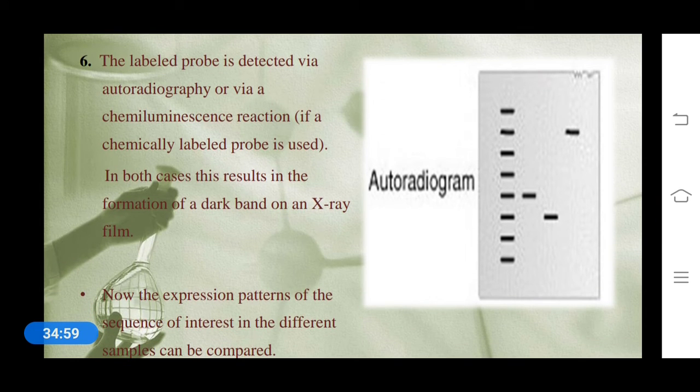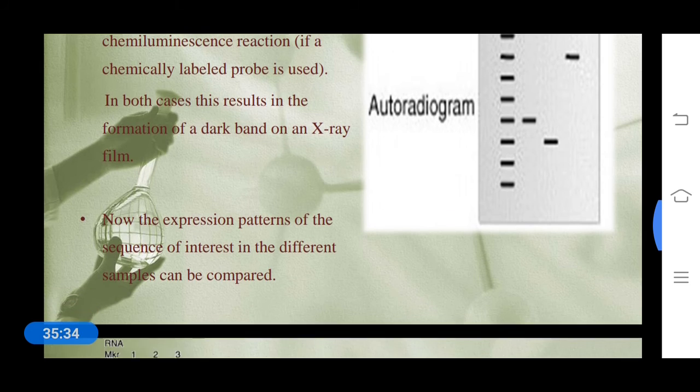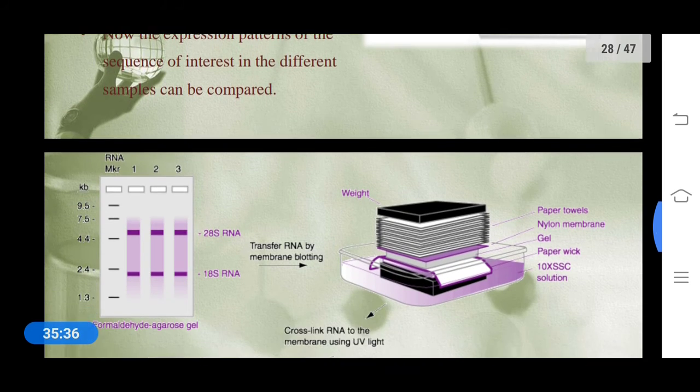The labeled probes are then detected using autoradiography or chemiluminescence, and the expression patterns of the sequence of interest in the different samples can be compared. This is how we carry out Northern blotting.